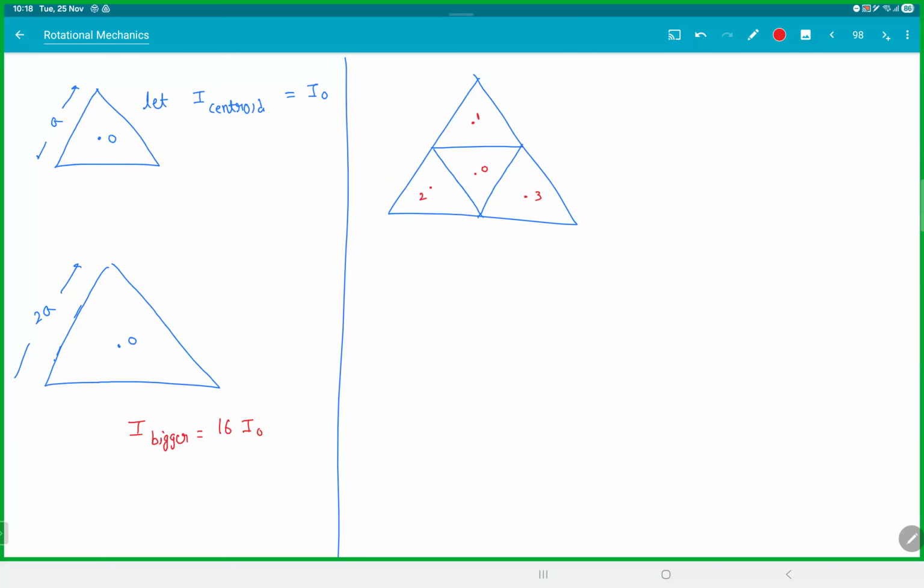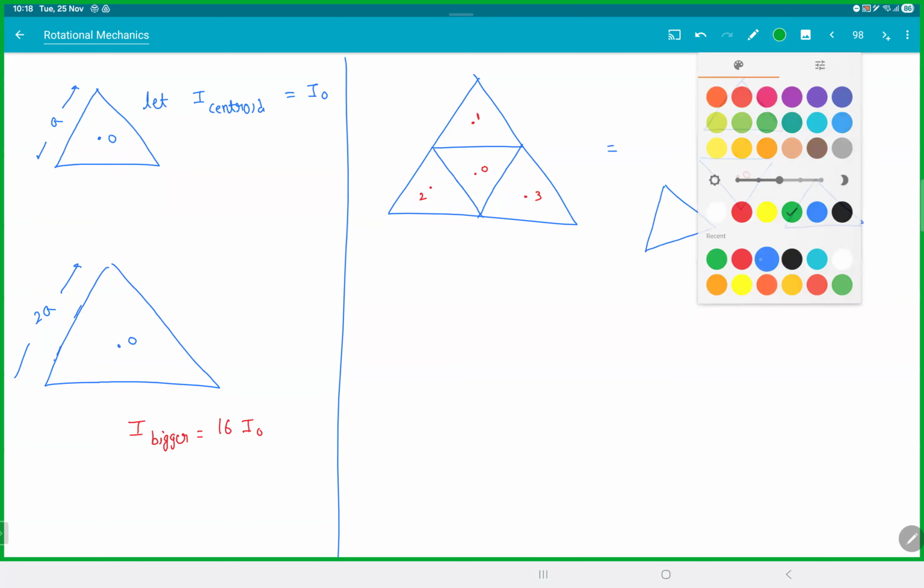So that means I can split this into four pieces. One piece here, one piece here, and one piece here, like this. You got four pieces basically. So this one is already at the center.